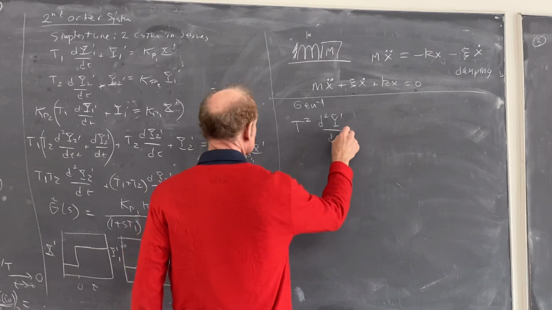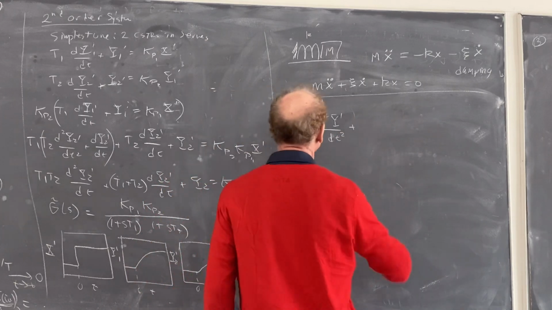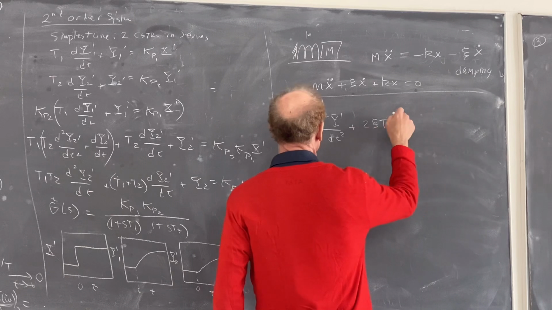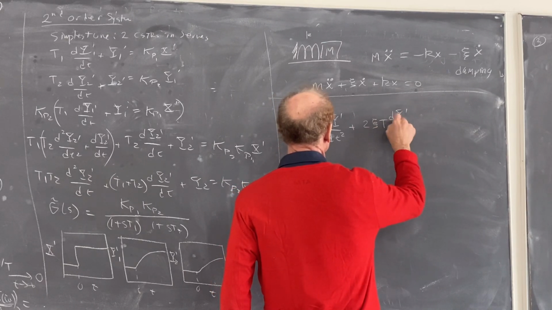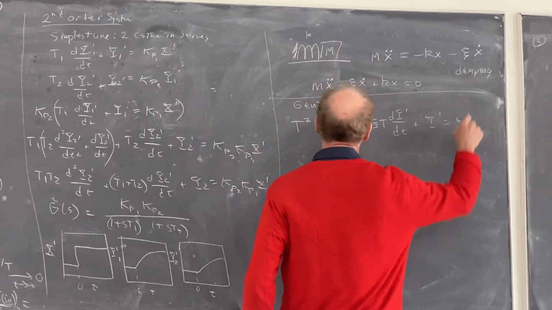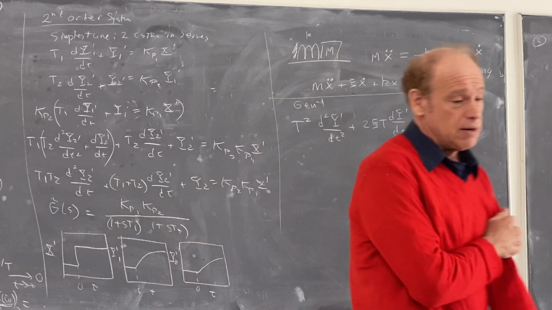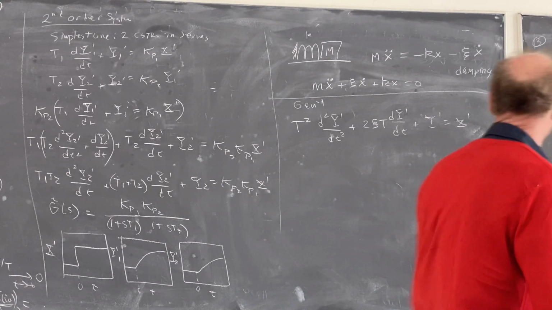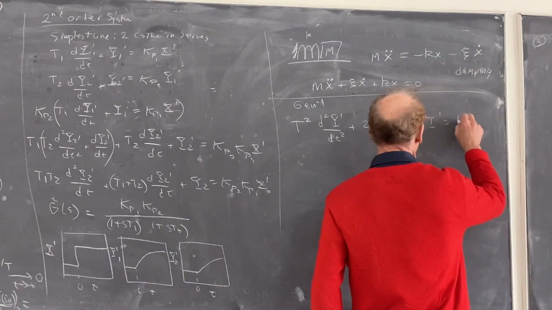Plus 2 zeta tau dy dt plus y prime equals x prime. And let me just make sure that's exactly the form that I want. I need a KP. A KP.